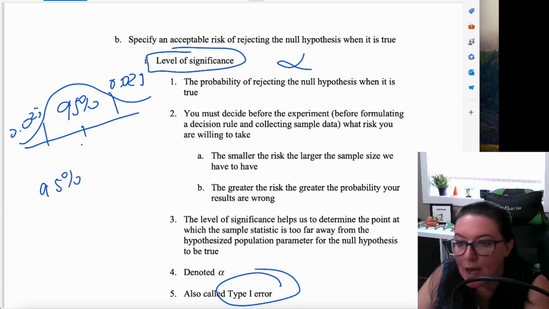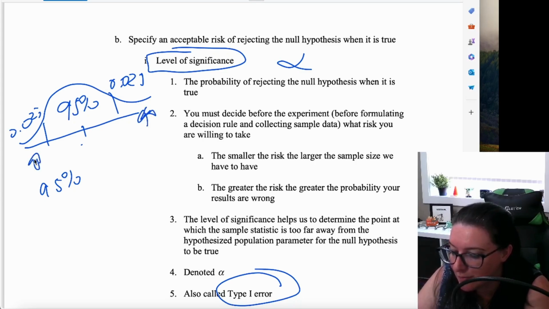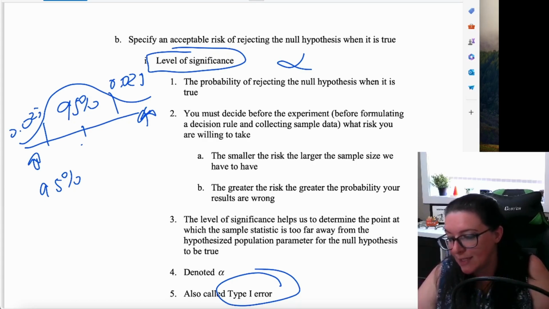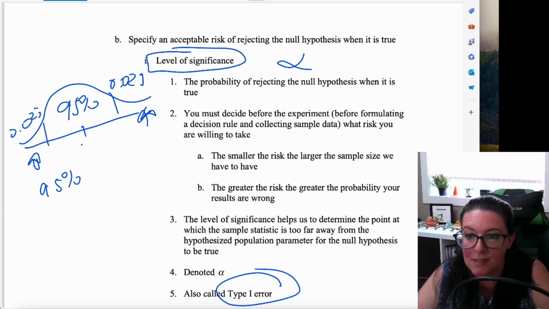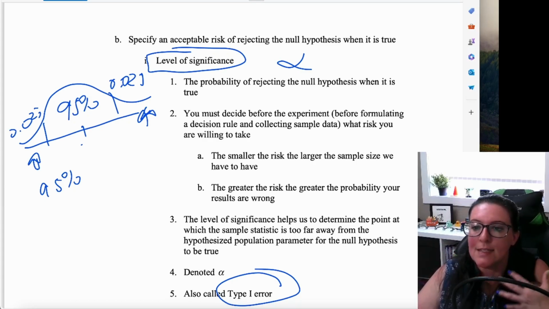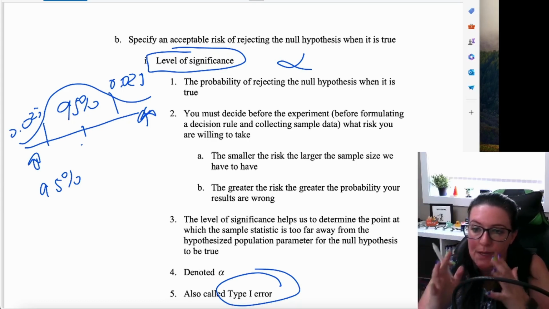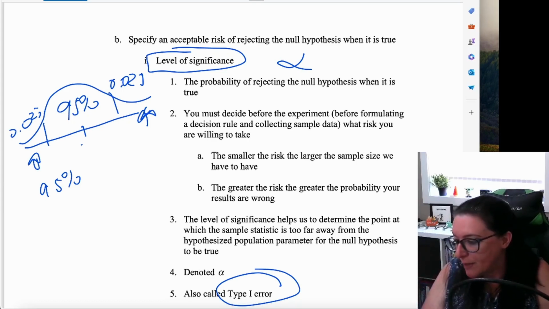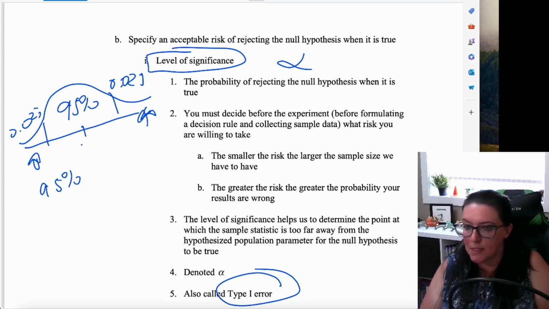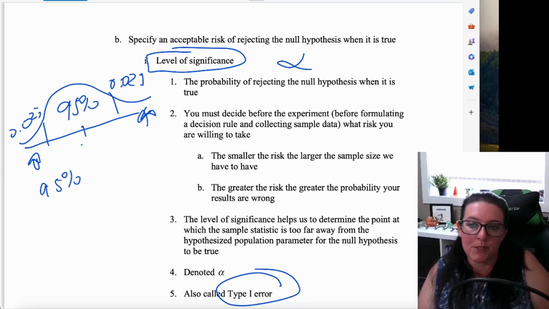And there's a risk there that we might say that something is way out here, so that it's not within what's reasonable, what's equivalent to the population parameter. So we would reject the null hypothesis when in fact it should be considered close enough to be part of it. So you've got to decide before the experiment, before your decision rule, before collecting your sample data, how much risk you're going to take.